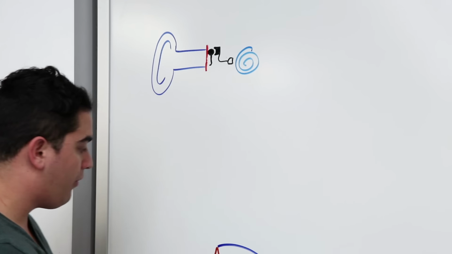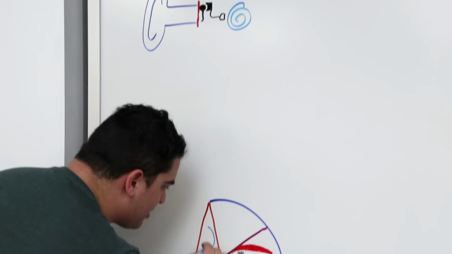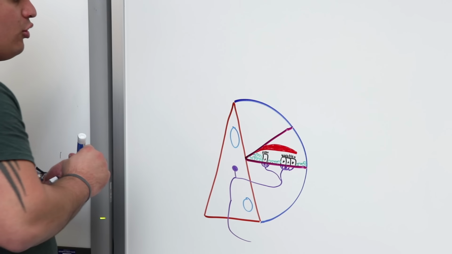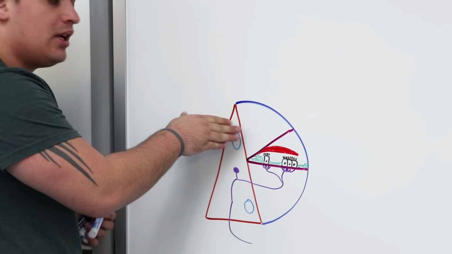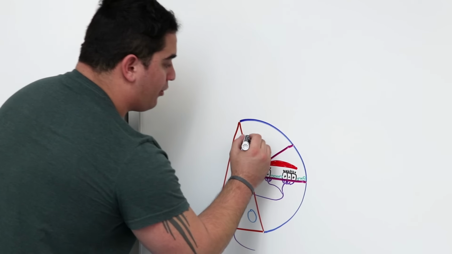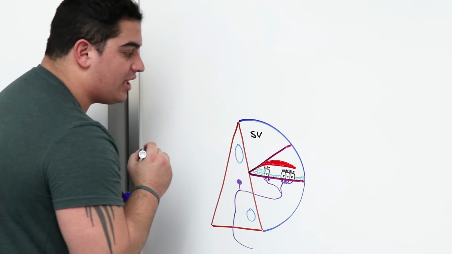Now, if we come over here, let's pretend that this part right here is the oval window, and this one down here is the round window. Who was tapping here? The stapes. The stapes was causing fluid-filled vibrations through the scala vestibuli.